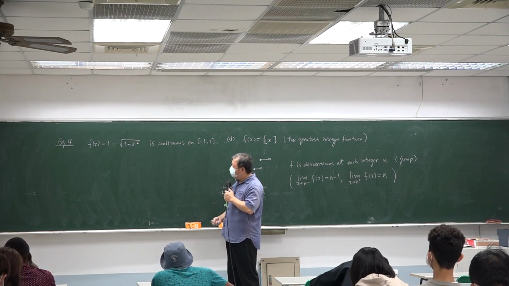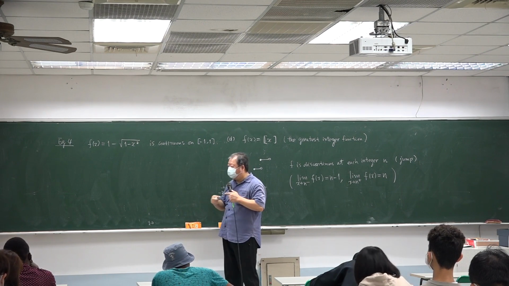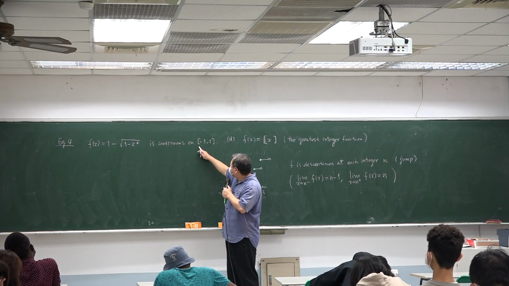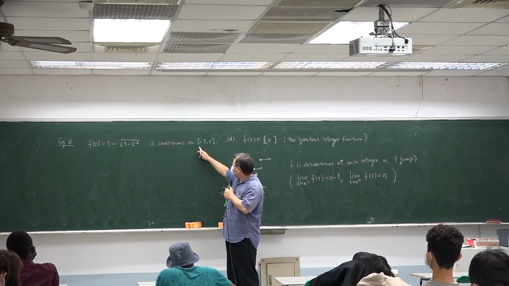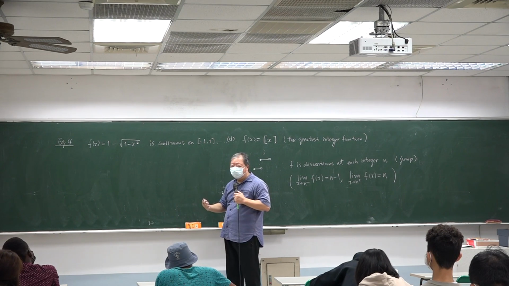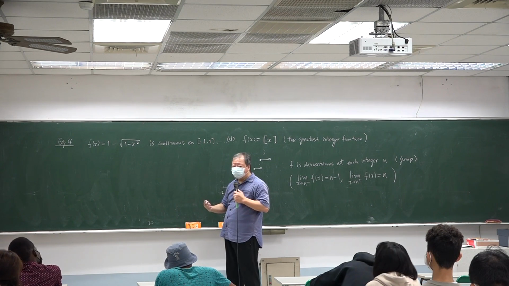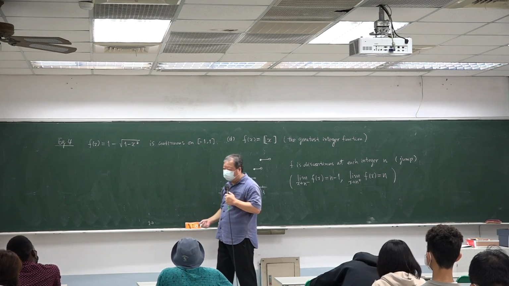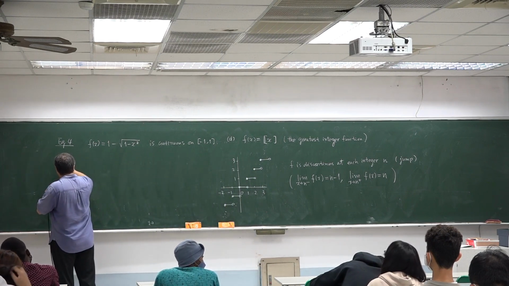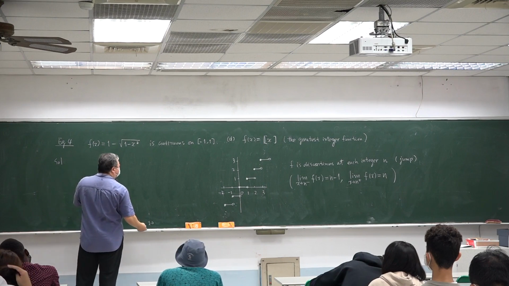At those positions, we need to consider two-sided continuity. But at -1 and 1, the endpoints of this interval, we have to consider one-sided limits, or one-sided continuity. So we divide into 3 cases.